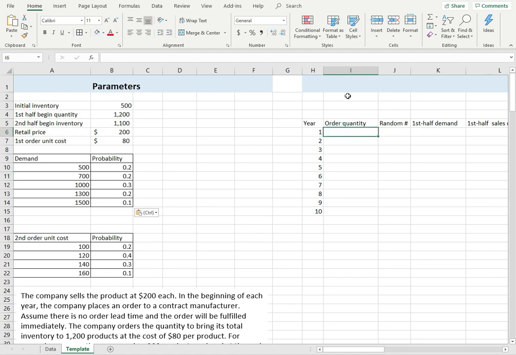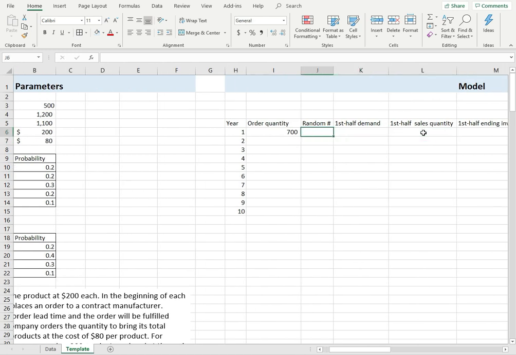Order quantity. For year one, what is my order quantity? My order quantity is simply 1200 minus whatever I have here. So that's simply this cell minus this cell. That's easy. Random number. You can actually put the random number here, but my suggestion is not at this point.